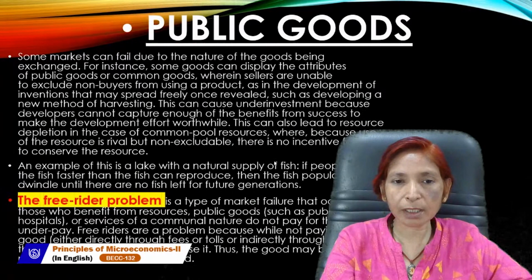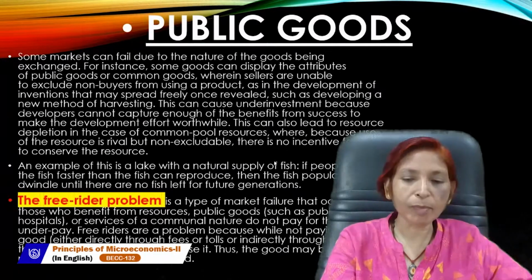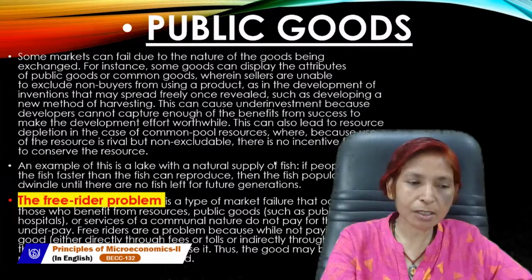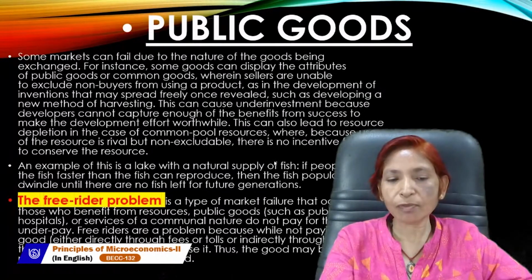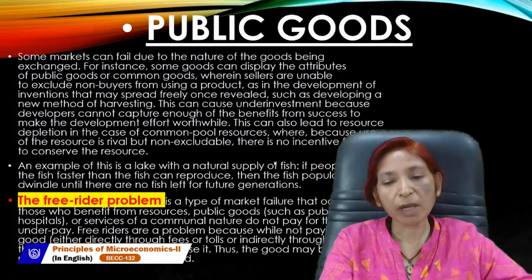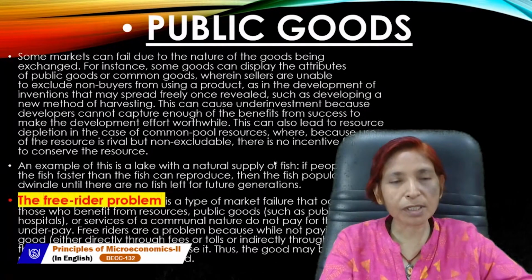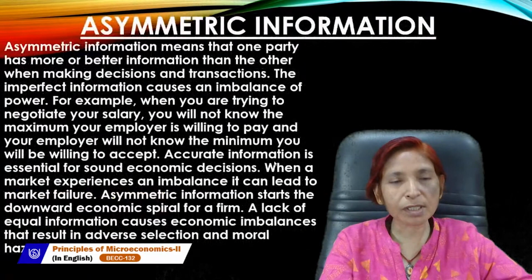For example, in our house, we always want to keep the house clean, but on roads, people spread so much dust and pollution. So this type of public good is the main cause of market failure. People continue to access and use it, and the good may be underproduced, overused, or degraded. So this is the example of public goods.